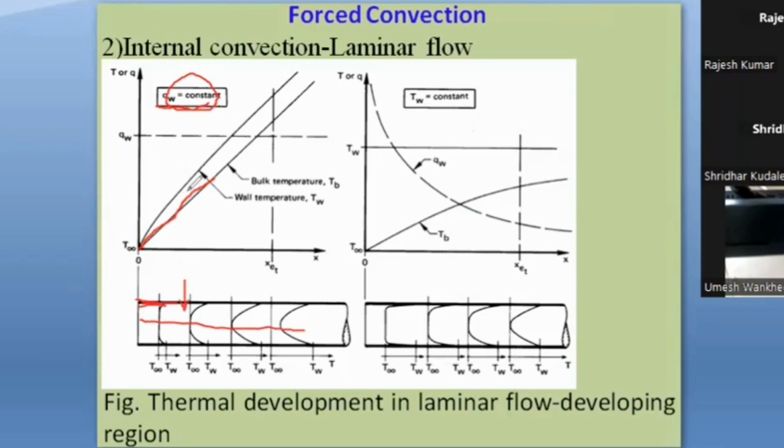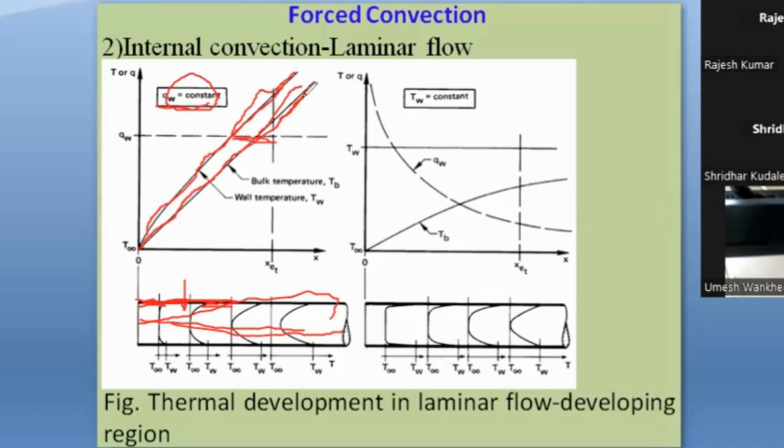Same way, the temperature of the wall of the tube goes on increasing. Once the profile is developed, this temperature difference doesn't change. It becomes parallel, the temperature difference becomes constant.